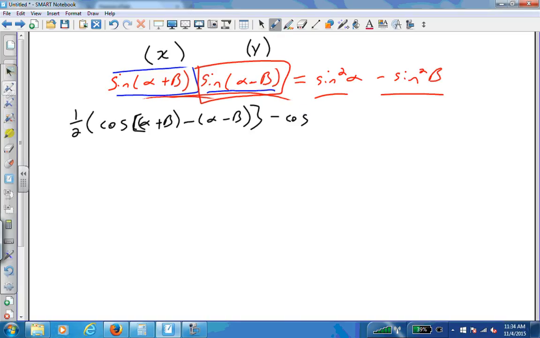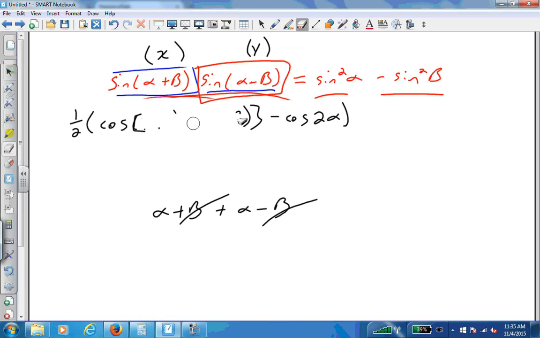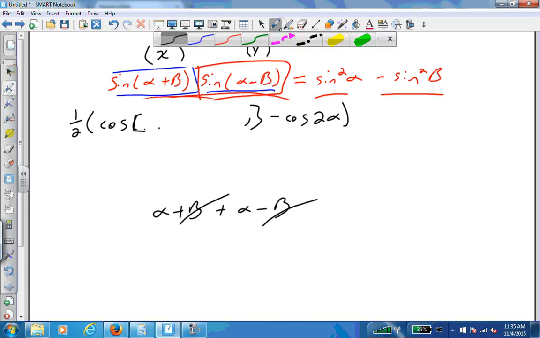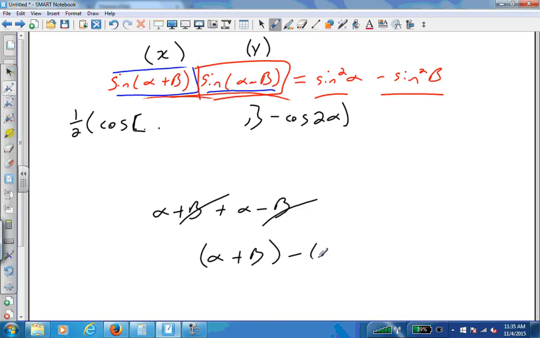Well, just real quickly, if we add those angles together, alpha plus beta plus alpha minus beta, the betas cancel, that gives us two alphas. And let's go in and clean this up. If we subtract those, alpha plus beta minus alpha minus beta, that's alpha plus beta minus alpha plus beta.